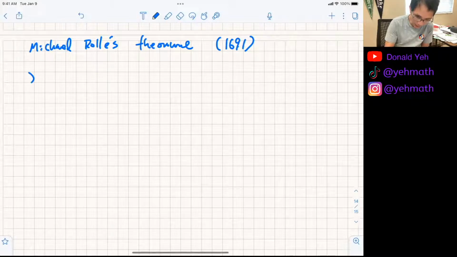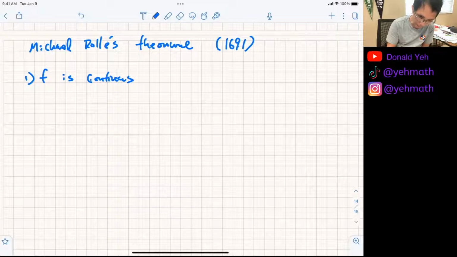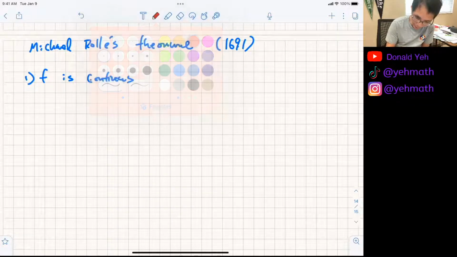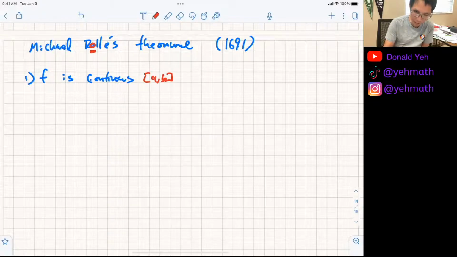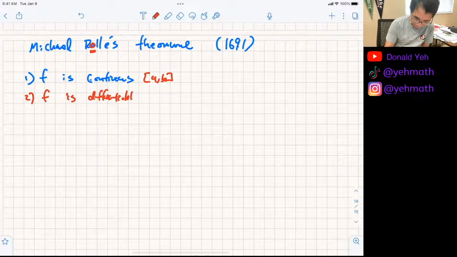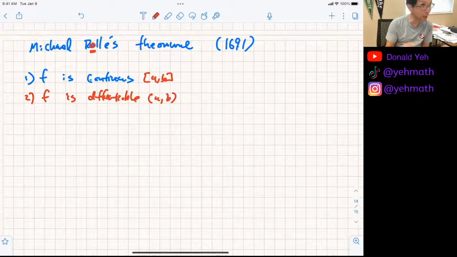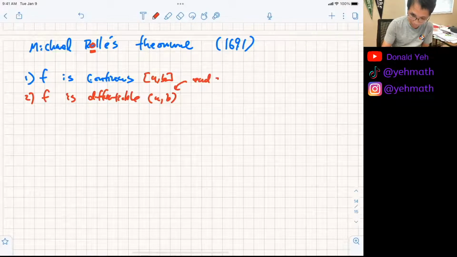So Rolle's theorem says, the first one: f is continuous on the closed interval. We're going to mark this in red. How do you memorize Rolle's theorem? Between a and b, it must include the endpoints because it cannot be an open circle. Two, f is differentiable between a and b. Why is this a parenthesis? Because the endpoint is not differentiable. Remember, endpoints are not differentiable.